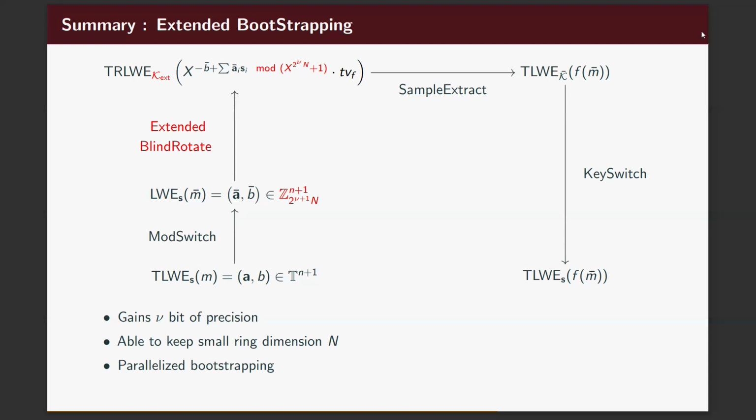And also we are able to keep a small ring dimension n, so we do not have to implement a high precision FFT to support large dimensional polynomial multiplication. Also, our blind rotation is parallelized, so we can also always enjoy the low latency of the TFHE bootstrapping as long as our computational power allows.